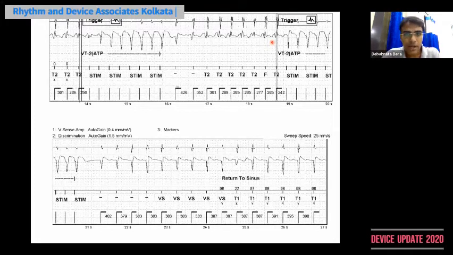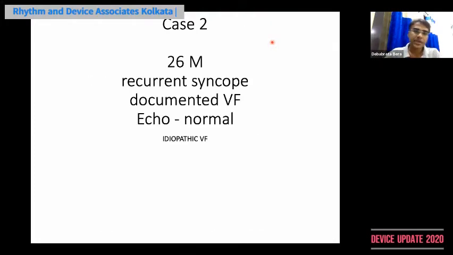Now, if I go to the second case, it is a little different one. He's a very young gentleman, 26-year-old male, with recurrent syncope. Fortunately, one of the episodes documented a VF on 12 lead, and the VF was because of a short coupled PVC. When you have a short coupled PVC, you need to think about channelopathies, Brugada syndrome.